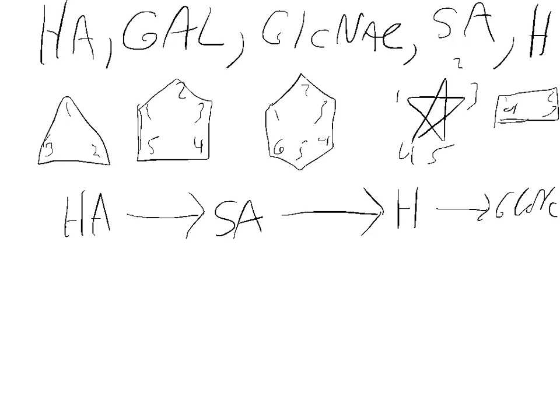If we have them linked like this, okay, so here's our hyaluronan, here are our carbon numbers. Here's our bond between the carbohydrates, or that would be called a glycosidic linkage. Here's our sialic acid.